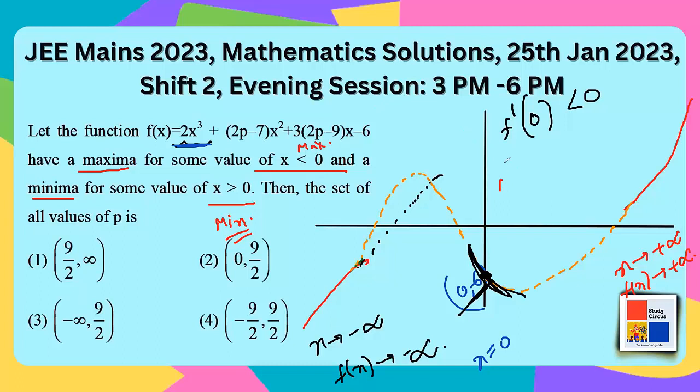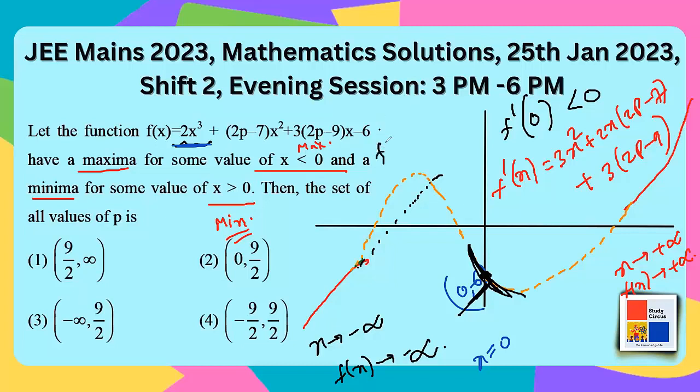So f'(x), if I write, is going to be 3x² + 2x(2p - 7) + 3(2p - 9). And f'(0), if I place 0 in that, I'm going to get simply 3(2p - 9), right?